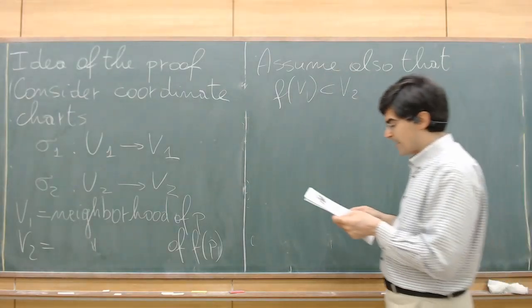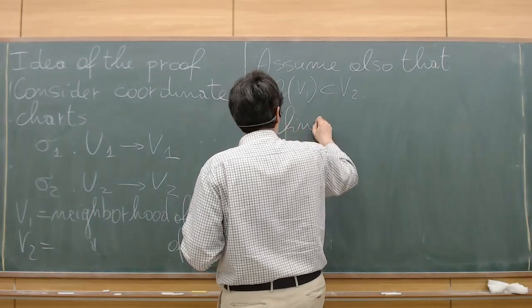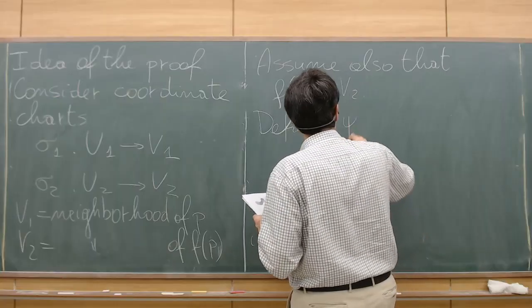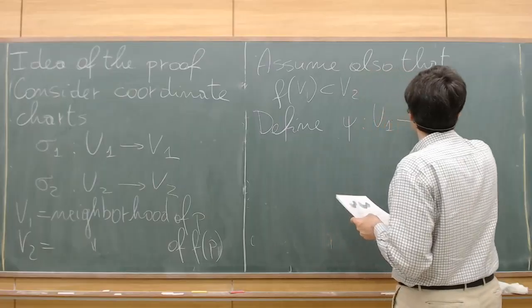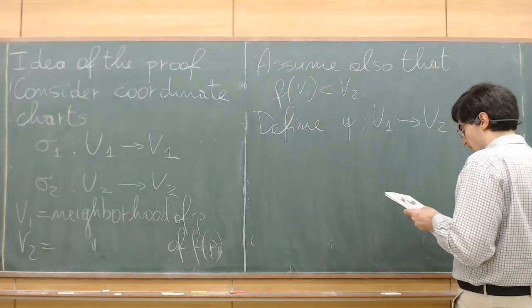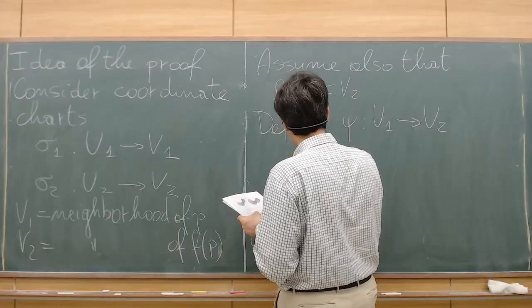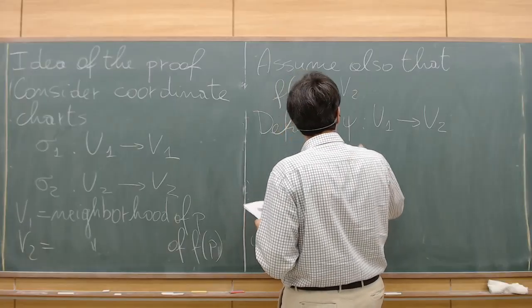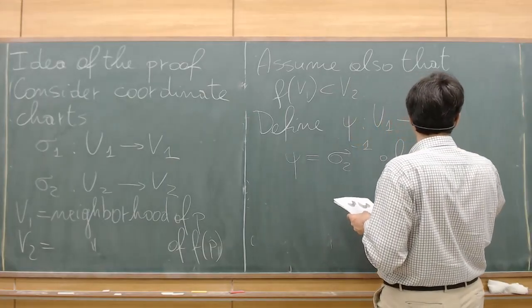Now let's define the following auxiliary function, psi from U1 into U2, as follows: psi equals sigma 2 inverse composed with f composed with sigma 1.